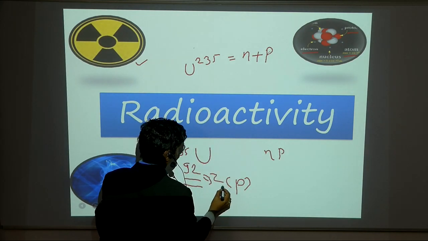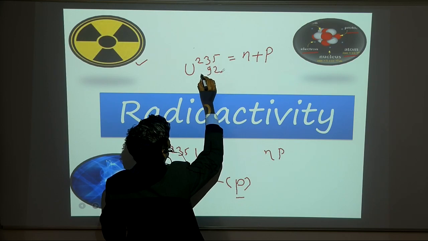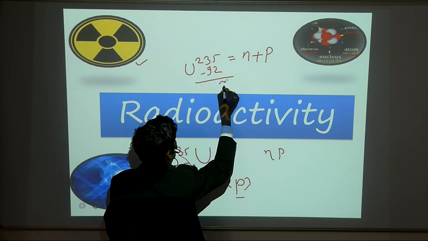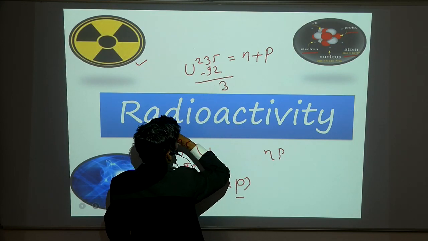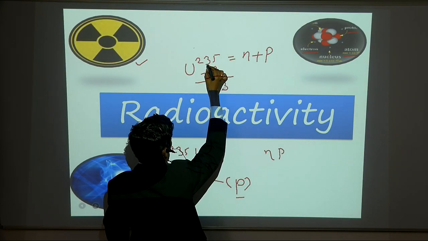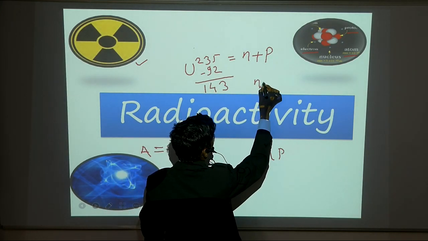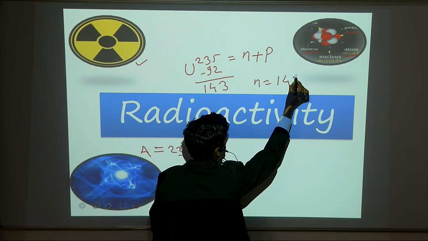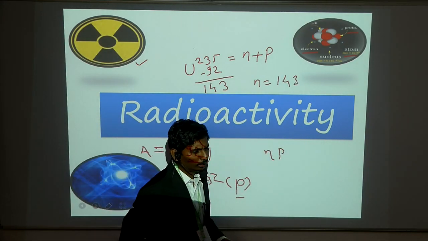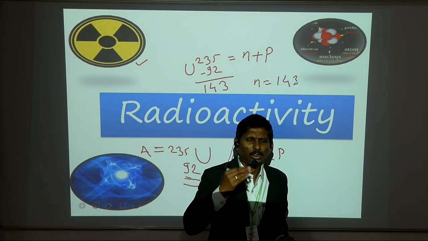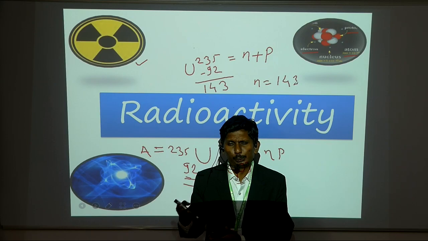Here the proton number is 92, so subtracting 92 from 235 we get 143. So the neutron number is 143 and the proton number is 92. This means when we go to a higher atomic number, the nucleus is unstable due to the heavy increase in the number of neutrons.